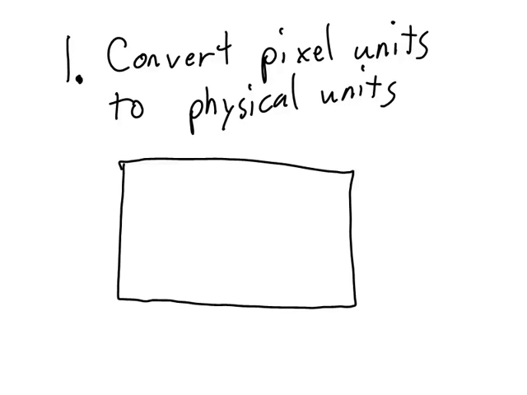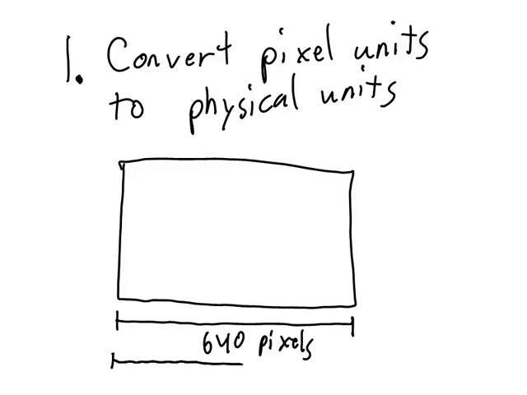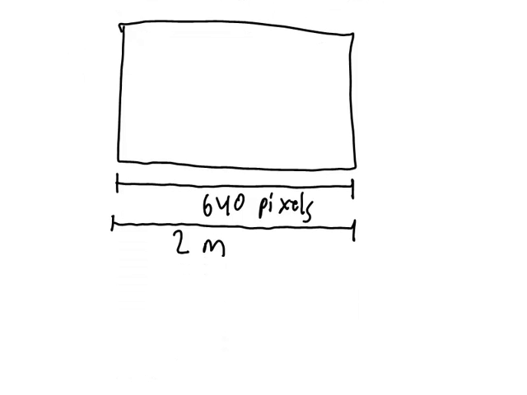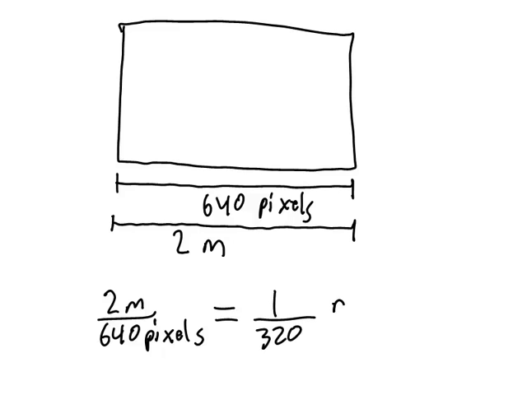For example, if we know that the resolution of the camera in the horizontal direction is 640 pixels, and we know that the field of view of the camera in the horizontal direction is, let's say, 2 meters, this gives us a conversion factor between pixels and meters. We have a conversion factor here of 2 meters per 640 pixels, or in other words, 1 divided by 320 meters per pixel.